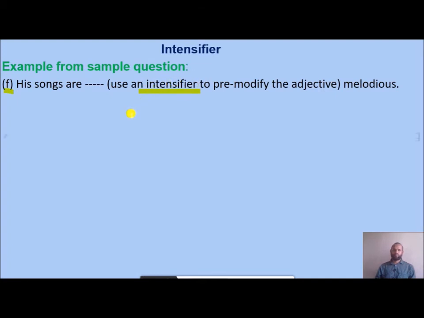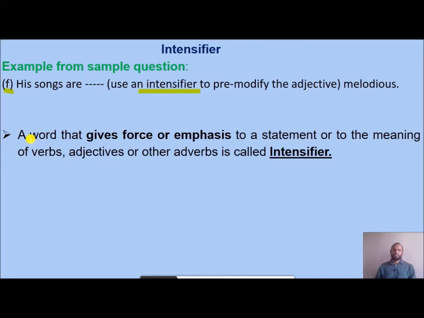Now see what an intensifier is. A word that gives force or emphasis to a statement. So remember this very part. An intensifier is a word that gives force or emphasis to a statement, or to the meaning of a verb, adjective or another adverb.